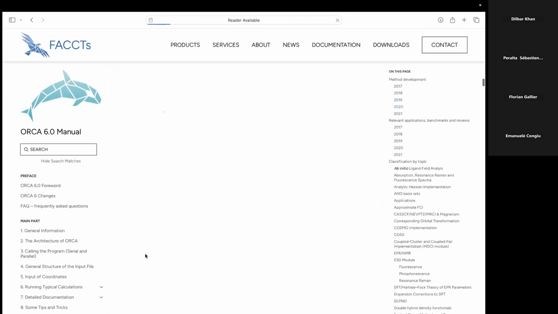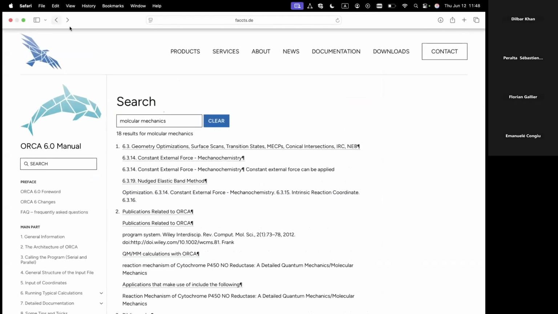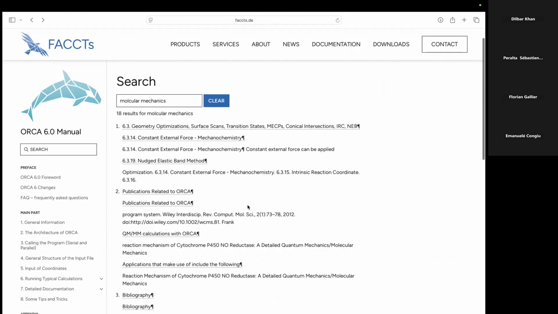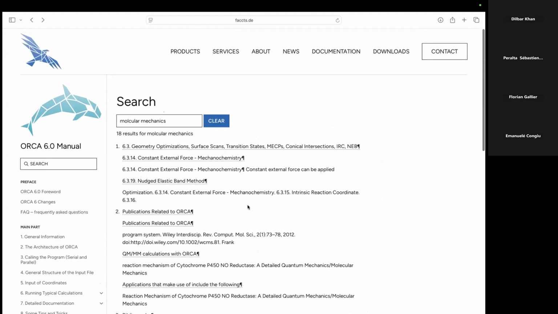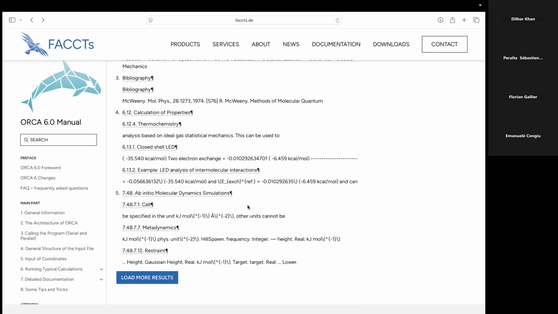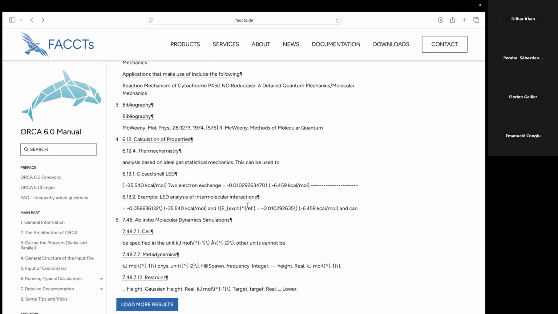I know ORCA uses the XTB method, which is not a molecular mechanics method, and I will check. Probably ORCA has a plugin to the ChemShell program. I want to double check. I will get back to you tomorrow.